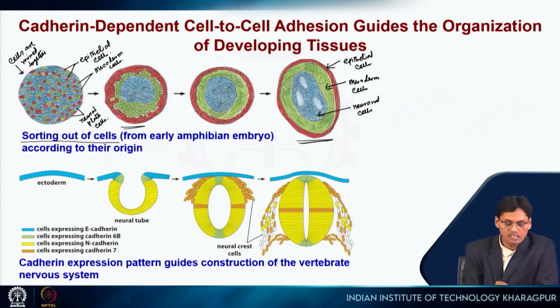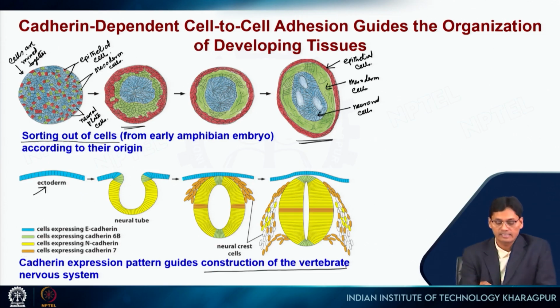As you can see, this is the ectoderm layer, and then you can see the neural tube formation. Here we are trying to explain the cadherin expression pattern, how it guides the construction of the vertebrate nervous system. As you can see here, neural tube formation is taking place.